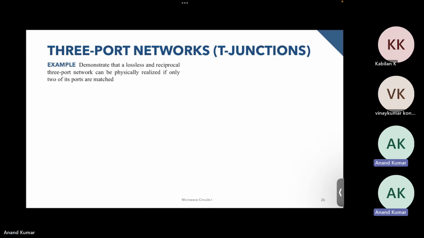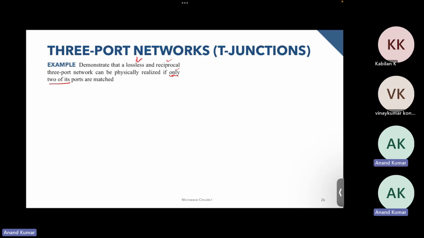Now the next question is we have to demonstrate that a lossless and reciprocal three-port network can be physically realized if only two of its ports are matched. In the previous slide, all the ports were matched and the network was lossless, but we showed that it was non-reciprocal.